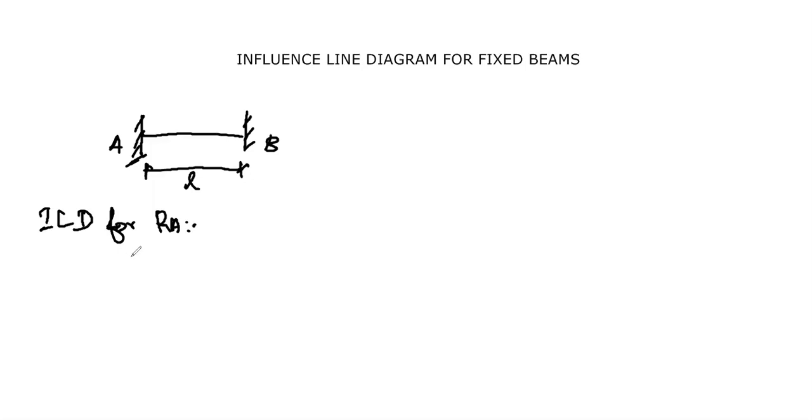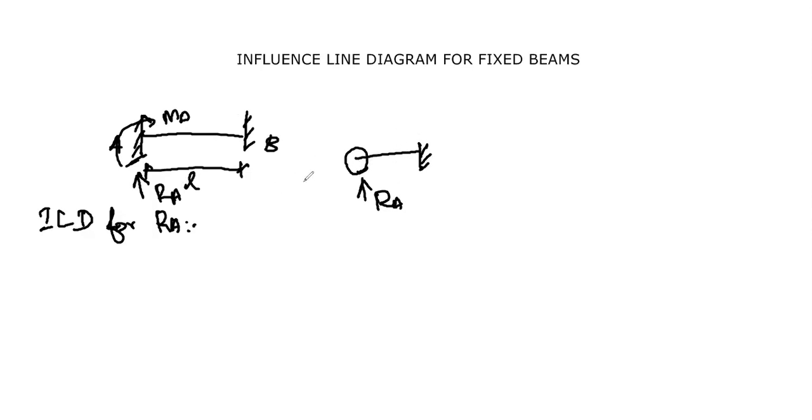We should be very careful: if we simply remove the support, the moment will also get affected, but the moment carrying capacity should not be affected. If it is a simply supported beam, there is no problem. You can simply remove the support, because a simple support gives only the reaction component. There is no moment, so there will be no change in the moment carrying capacity of the beam.